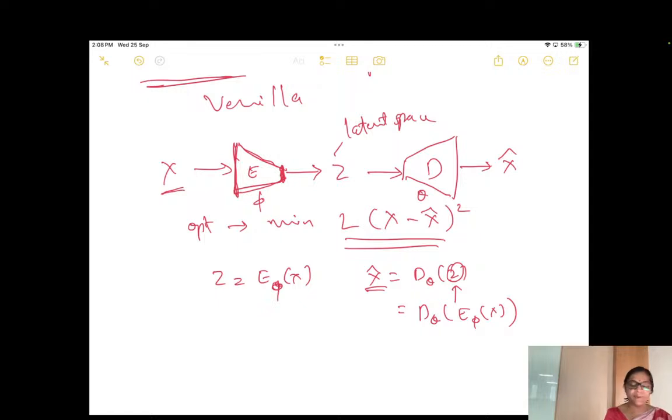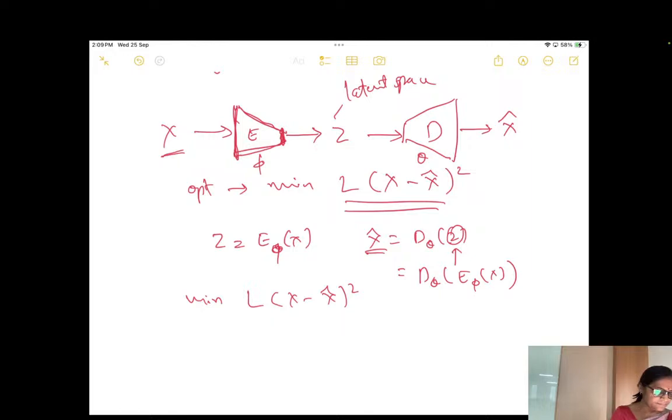minimize the difference between X and X cap. Minimization over what? What are you optimizing? What are the parameters?